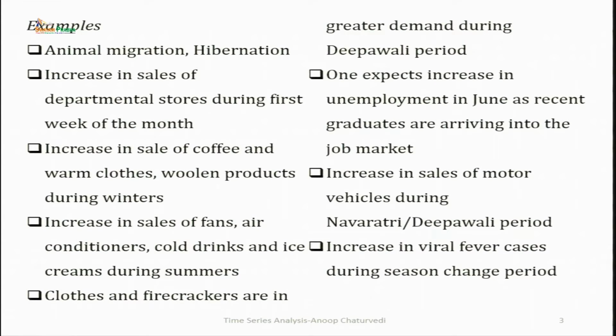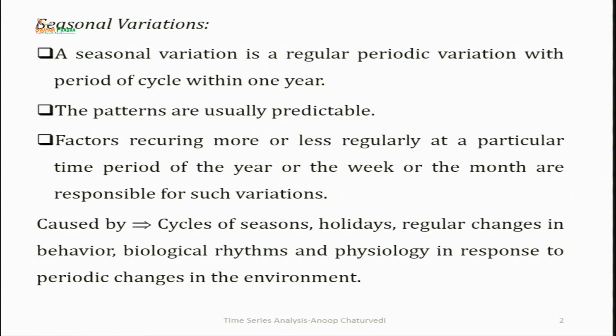Here are many examples. Say, animal migration or hibernation. Now, this is an example of seasonal variations, and this is caused by the biological rhythm.